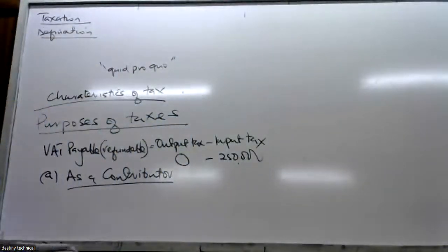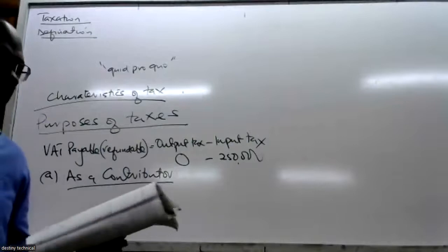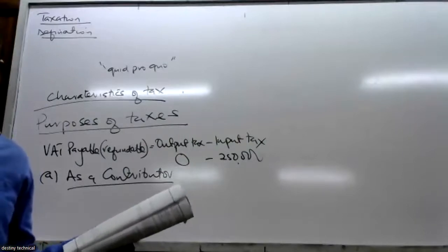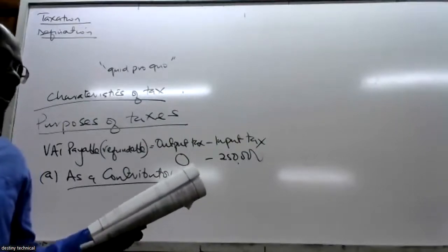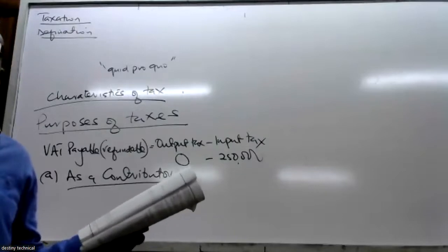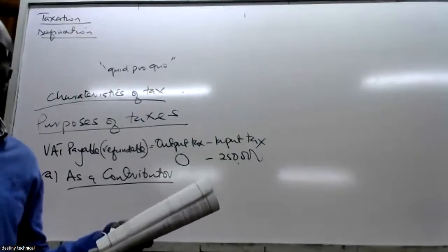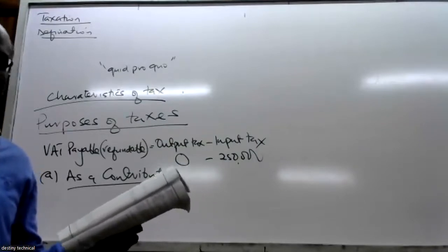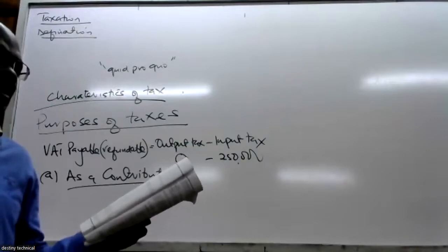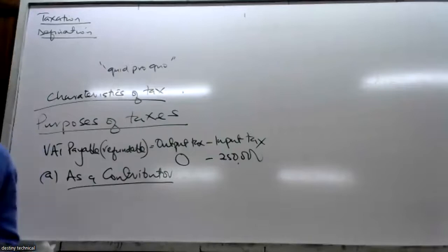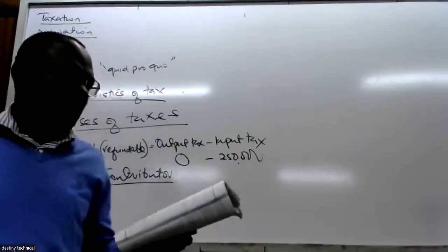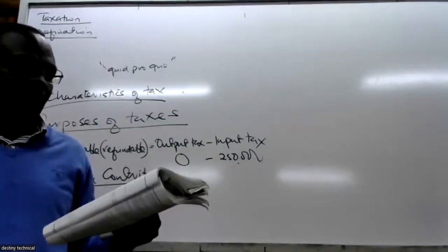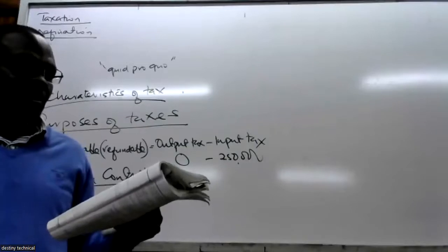On retirement, in case of lump sum pension, the first 600,000 shillings received is exempted from taxation.